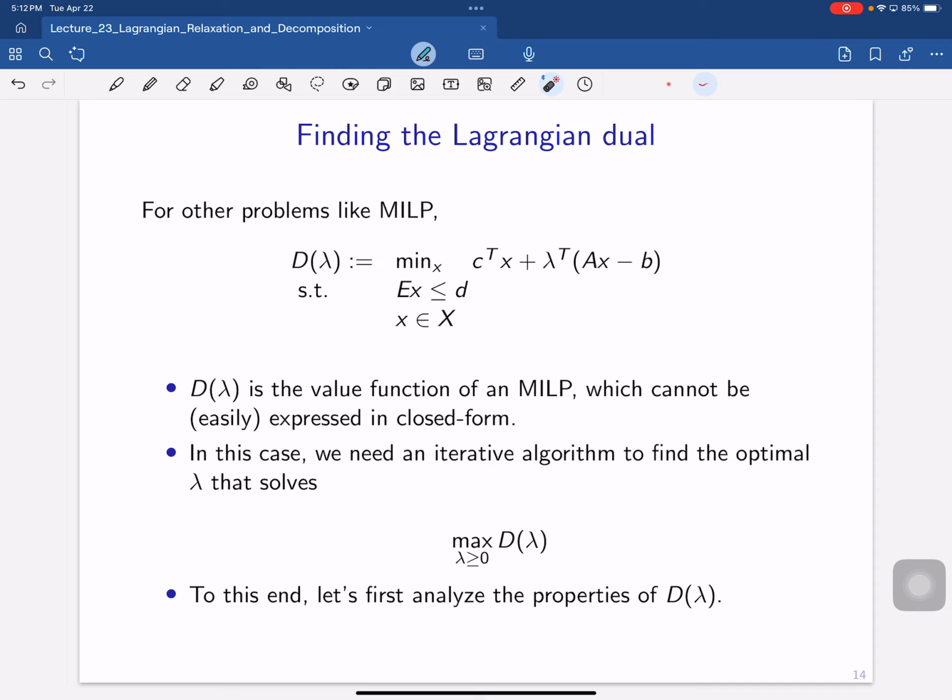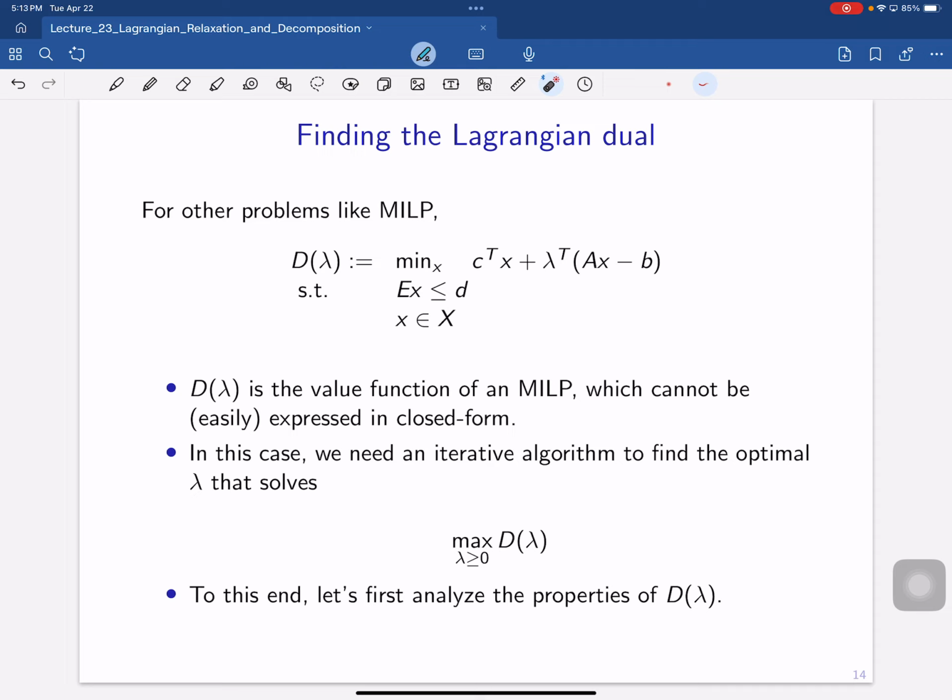Given a value lambda, you have to solve an optimization problem to get the function value of d(lambda). And the value function of an MILP is very hard to express in closed form. Although there is some theory related to that, computationally those theories usually don't work very well.